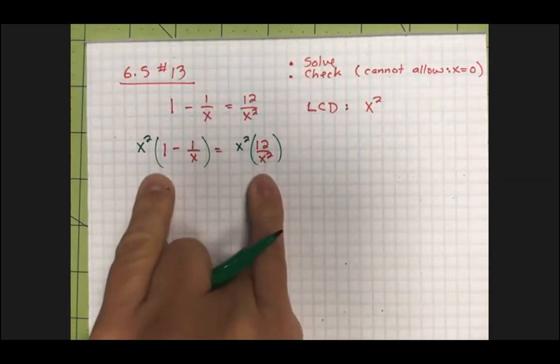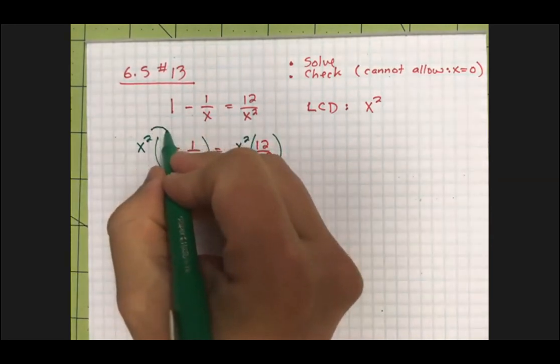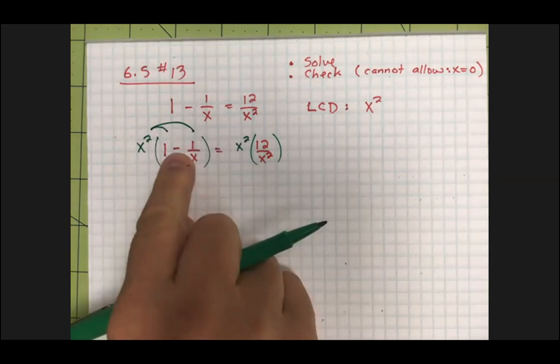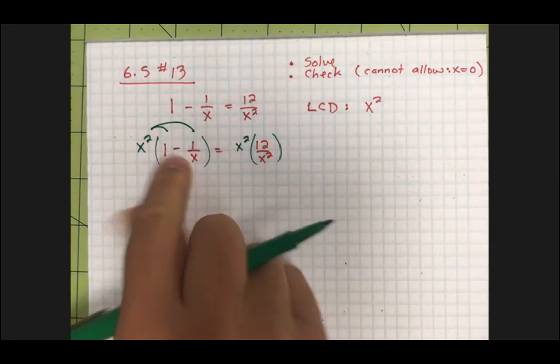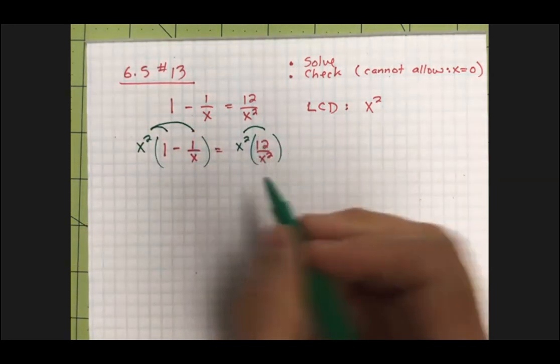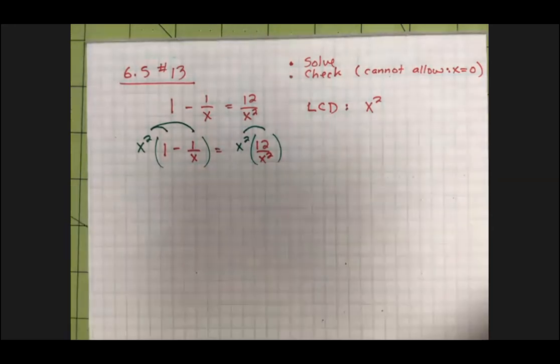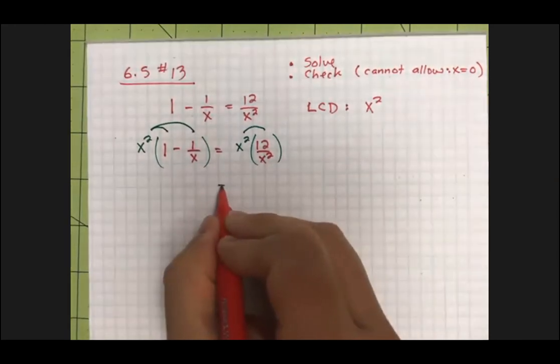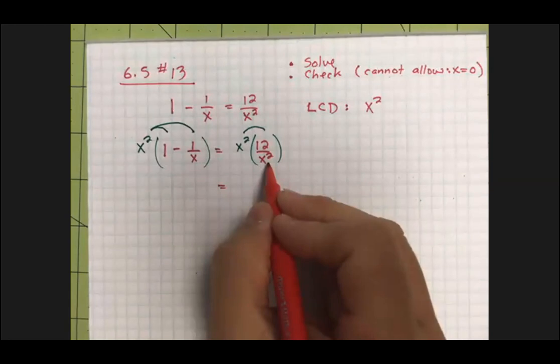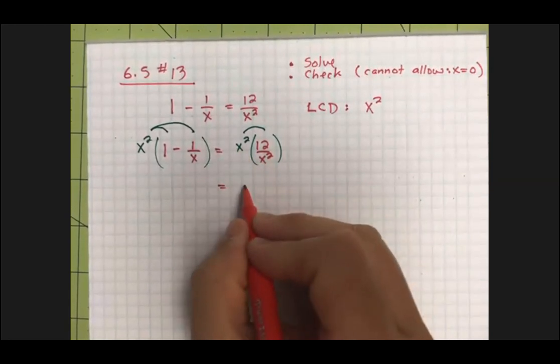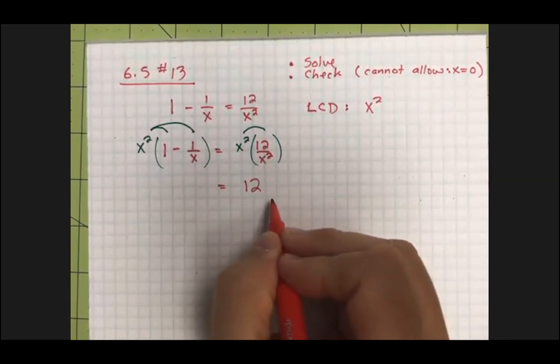And I did this in another color just again to focus on the multiplying. Remember, on this side, I'm going to distribute, and I've got to respect that minus sign. On this side, I only have to multiply once. On the right-hand side, it's just x squared divided by x squared. They literally cancel each other out. I get 12 right away.